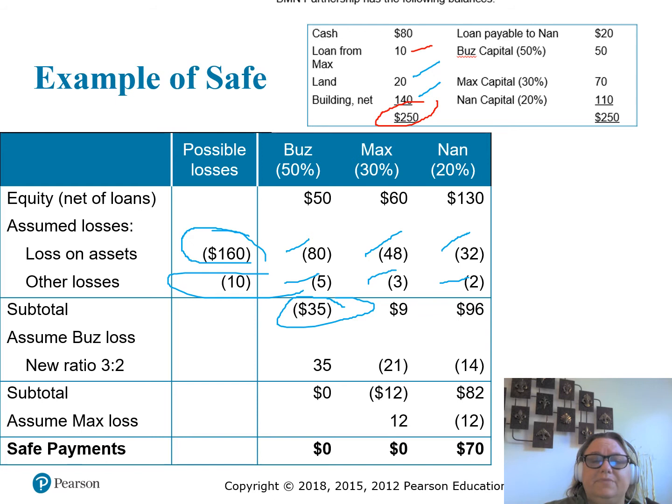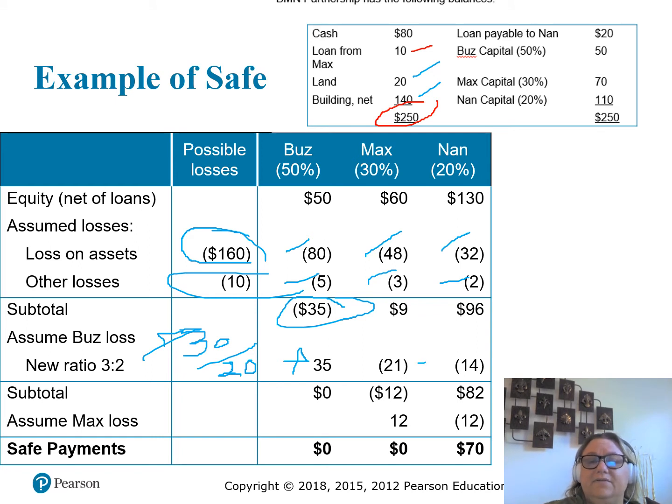So what we do is we add back this loss, 35, and then we distribute it 3 to 2. Where did I get 3 to 2? Just so you're trying to remember the ratio, 30 to 20. Max is 30, Nan is 20. That's where the 3 to 2 comes from. Okay, it's not that hard. It just feels hard because it's ratios and lots of numbers, but it's really not that bad.